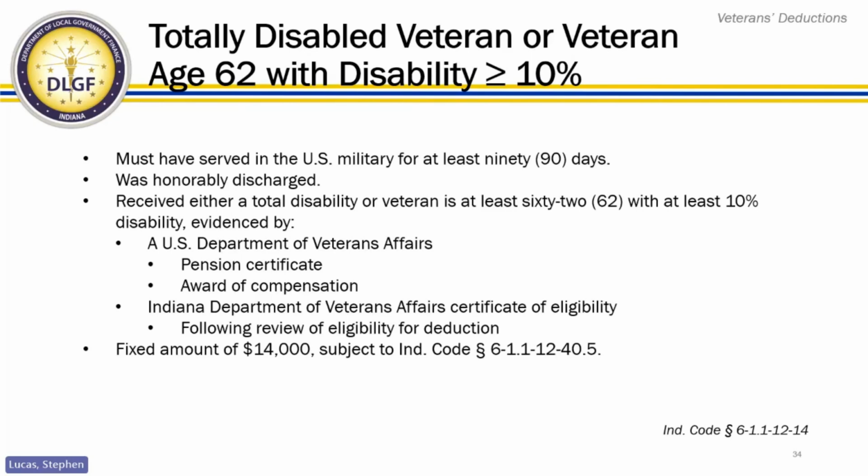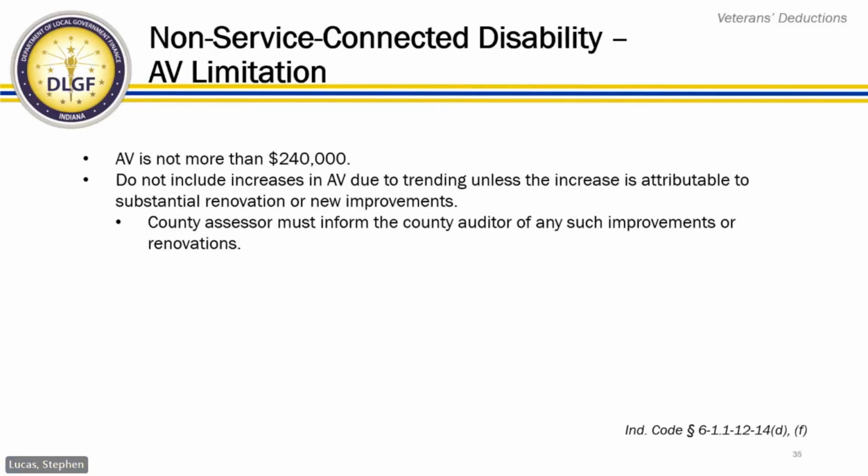They must have been honorably discharged and received either a total disability, so 100% disability, or they must be at least 62 years old with a disability of 10% or more, again, as shown by documents from the U.S. Department of Veterans Affairs or the Indiana Department of Veterans Affairs. This is a slightly lower amount. It's $14,000, and again, this is subject to the limit on mobile home properties.